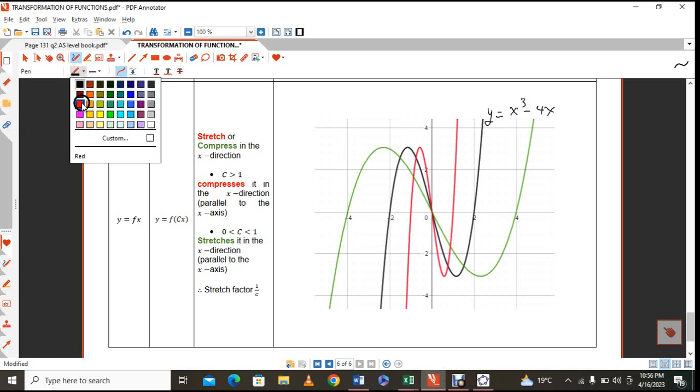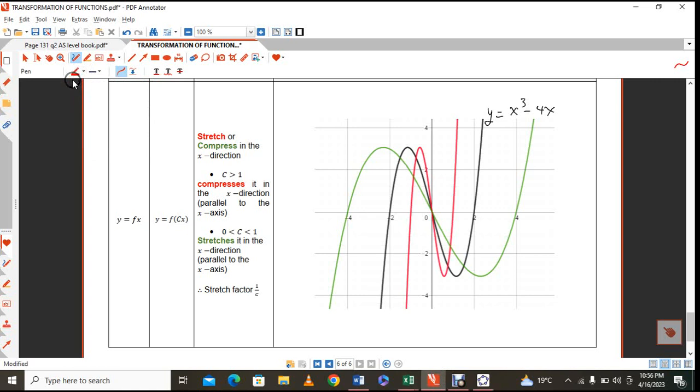What appears here in the red is that you are now multiplying, so you must be careful. If we take where we have our x, but now we have 2x cubed minus 4 times 2x, for example. You can see where you had an x, now there is a 2x there.